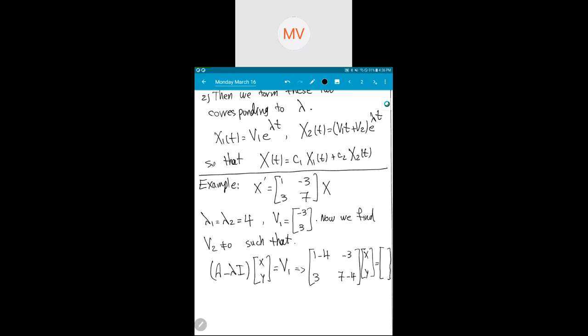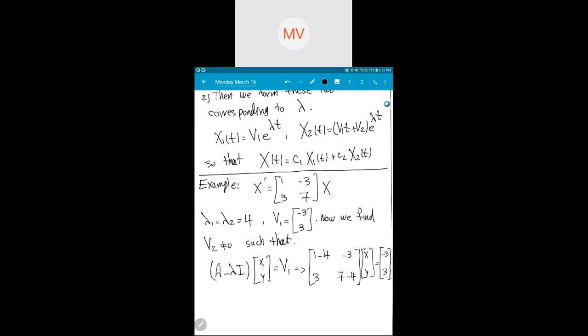And it's very easy to remember. Normally, to find eigenvectors, what would you set the right side equal to? 0, 0. In this case, you set it equal to the eigenvector that you already found. What is the one that I picked? Negative 3 and 3. If someone picked 1, negative 1, or 10, minus 10, it doesn't matter. It's just a multiplication by a scalar at the end.